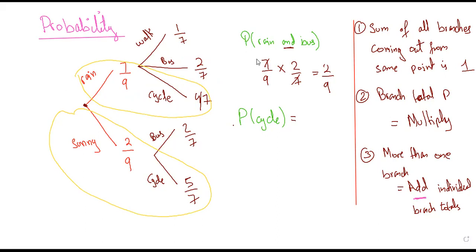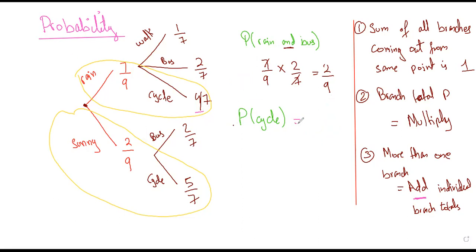Yes, very well done. Excellent. Very good. So please do not say that it would be 4/7 plus 5 by 7. No. 4 by 7 is just the probability of cycling, not if it is a rainy day. If you want to include that, you need to do it this way. So always remember, we need to multiply the complete branch and then add in the other branch total.